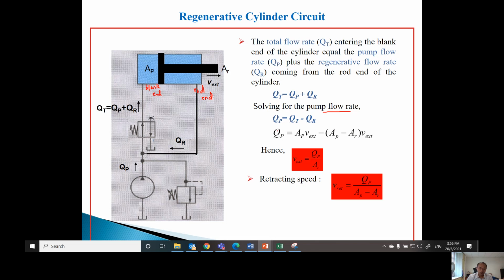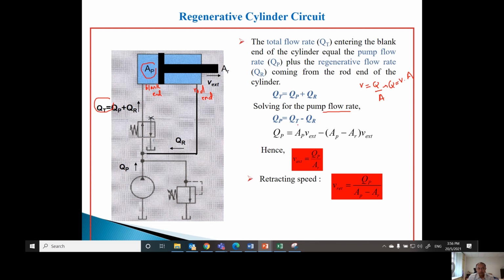From the previous lecture, you know that the formula for velocity is equal to Q divided by area, so Q equals velocity times area. For the total flow rate, the effective area is AP.